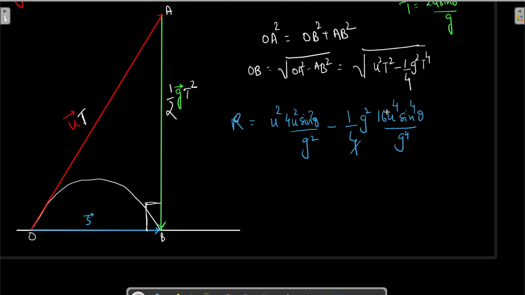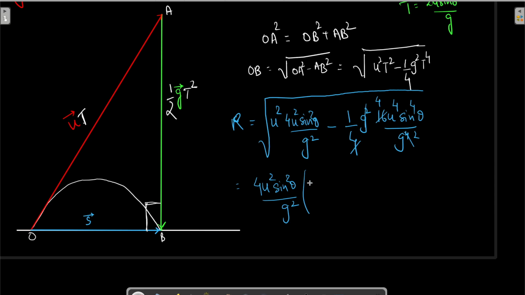This gets cancelled, 4, this gets cancelled, it becomes 2. Taking common 4u square sine square theta by g square, we have 1 minus sine square theta, root over them.